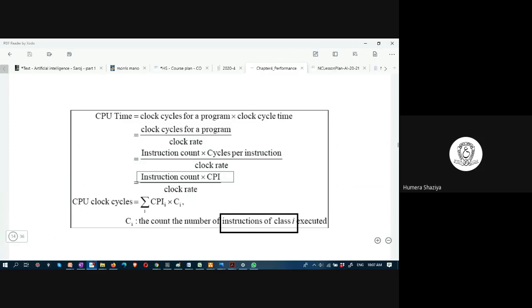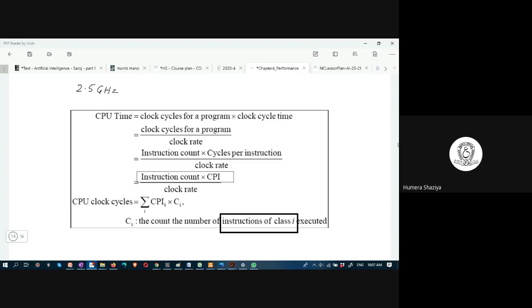That is CPU time. CPU time we can measure. We can say that 2.5 gigahertz is the CPU clock cycle, which means CPU can execute 2.5 billion instructions per second.